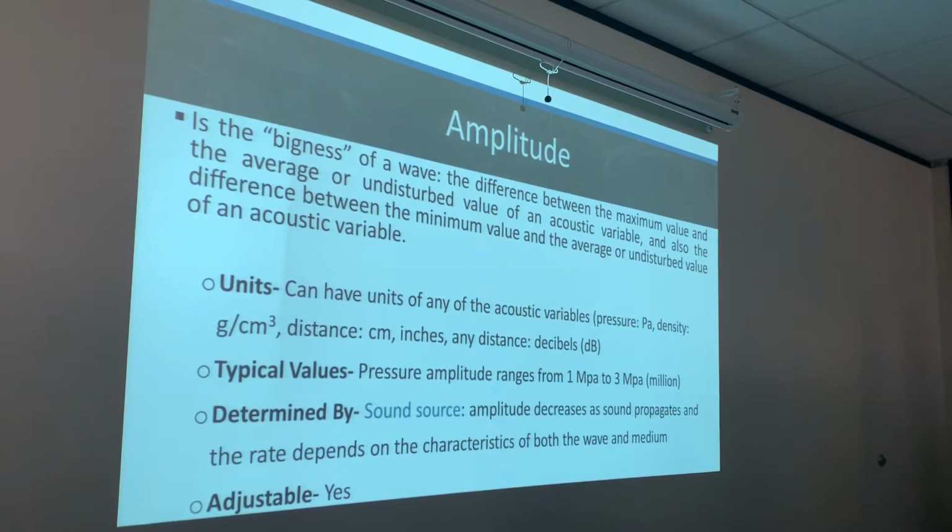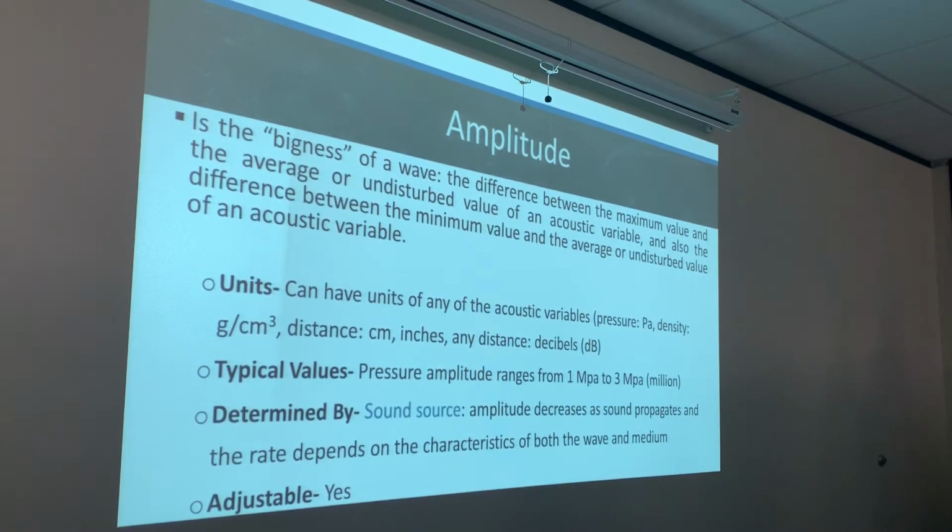Amplitude, because of attenuation, right? We know the strength of the beam is going to lose strength as it propagates. As sound travels, it's going to lose strength, and that rate depends on the characteristics of both the wave and the medium. Because sound travels at different speeds in different mediums, that's going to affect the amount of attenuation, or the rate at which energy is lost over time.